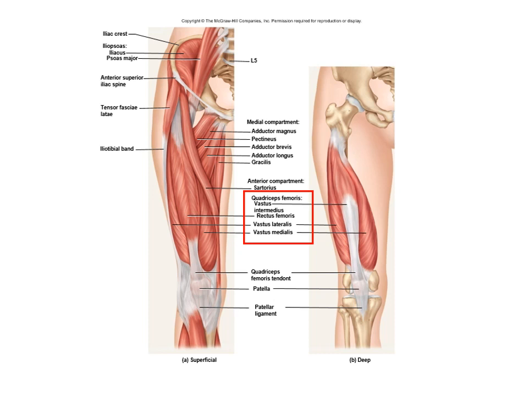So for your upcoming exam, please make sure that you can tell me that the quadriceps femoris are one, located towards the front of the thigh. They are a powerful muscle group, and also that they are composed of the vastus intermedius, rectus femoris, vastus lateralis, and vastus medialis.